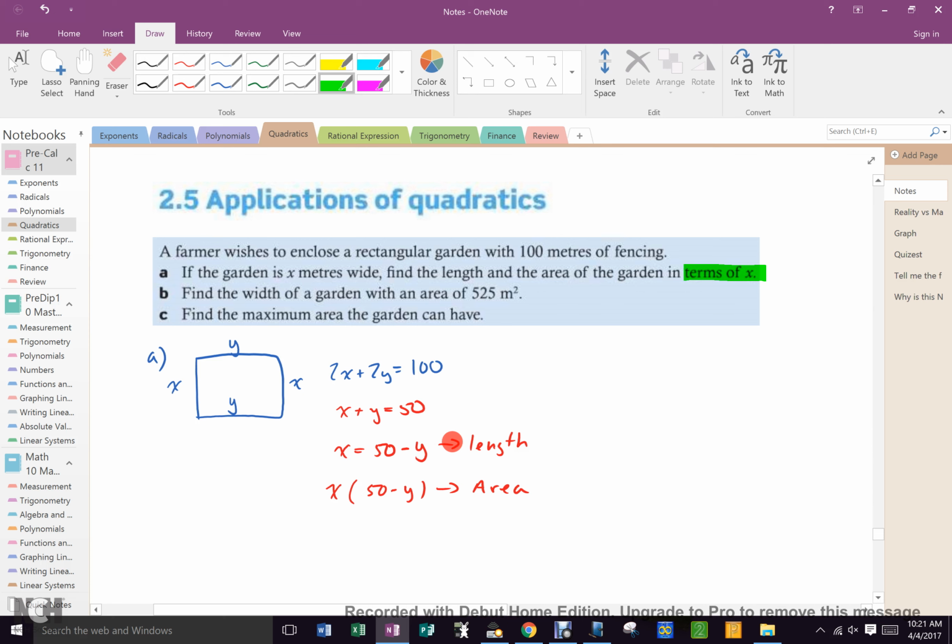Not easily. They don't have y. You can't really divide by y. What can I do right here? If y equals 50 minus x, does that get rid of our y?